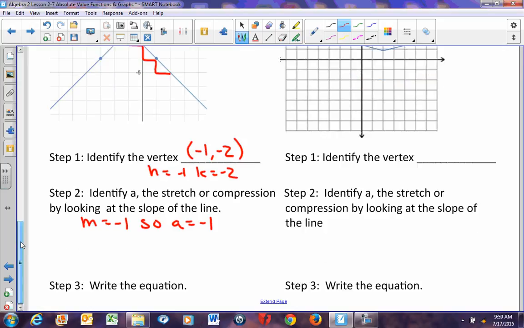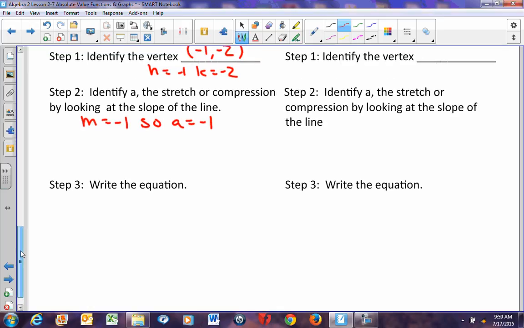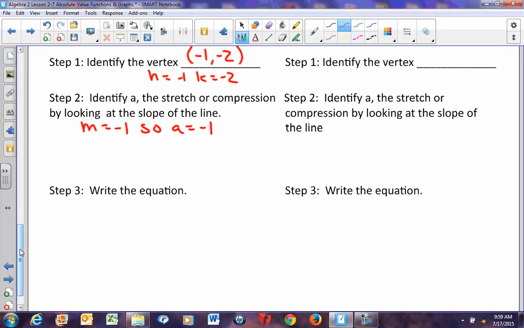Now that you have all that, we need to write the equation, and if you remember, the equation is y equals a absolute value of x minus h plus k.